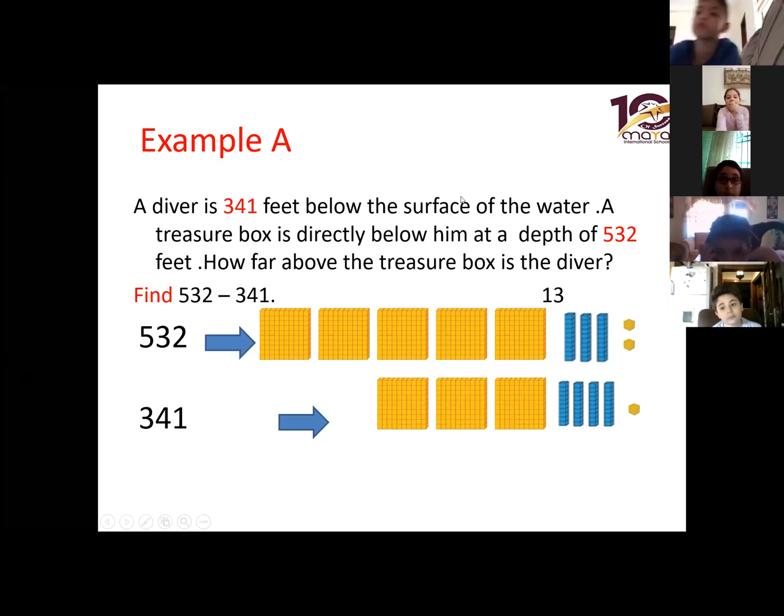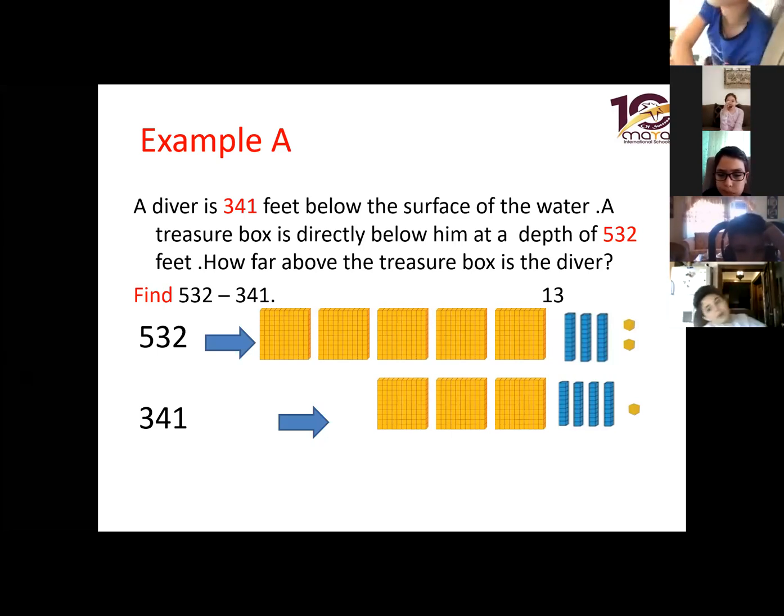Let's read this example. A diver is 341 feet below the surface of the water. A treasure box is directly below him at a depth of 532 feet.